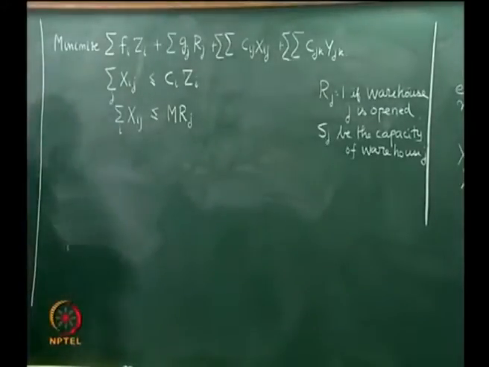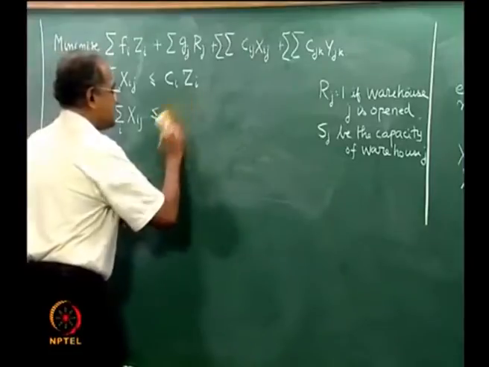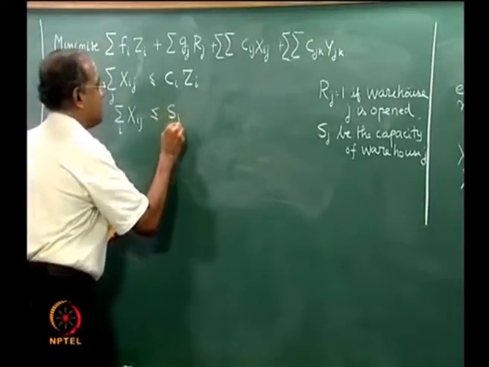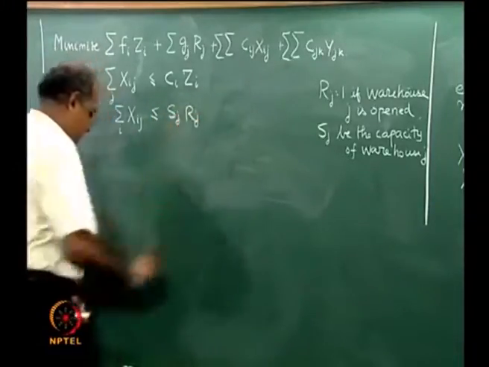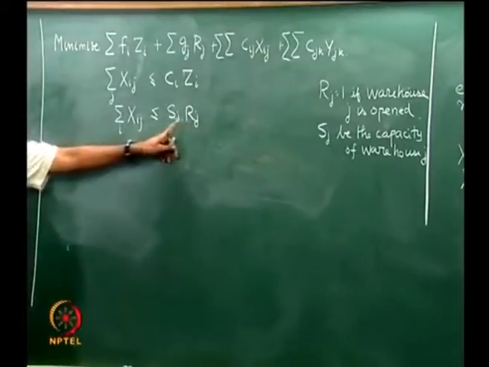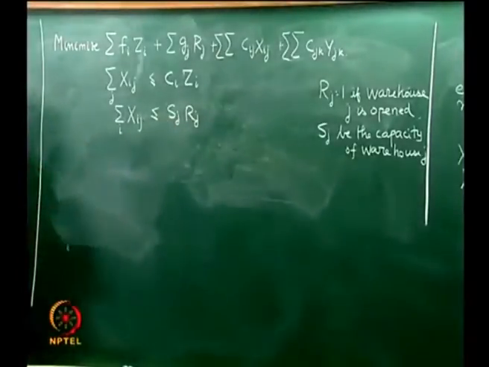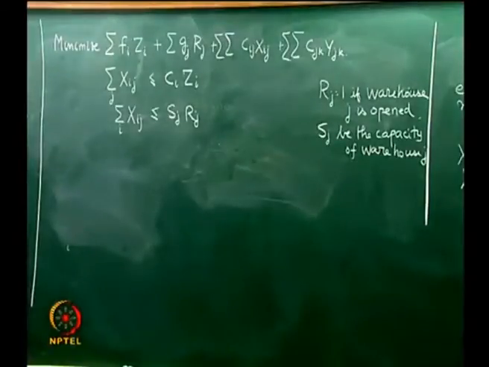So, one other way is to say that instead of saying big M, whatever it receives should be less than or equal to Sj Rj. Rj is the variable, Sj is a known capacity that it is there.